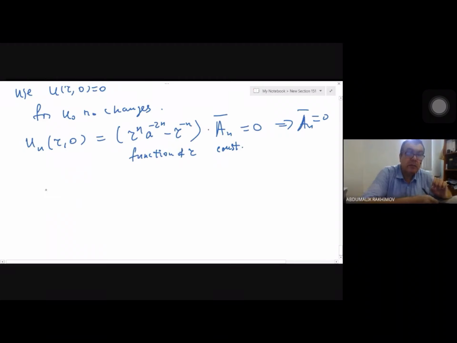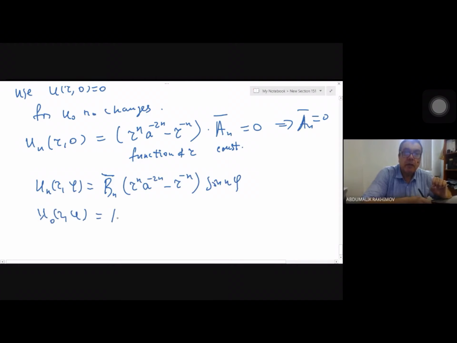So what will be un? Un has this shape. Un(r, phi) is equal Bn bar times r^n A^(-2n) minus r^(-n), sine n phi, right? And u0, no changes for u0. It is equal a01 bar times 1 minus ln r over ln A. So we have many functions.